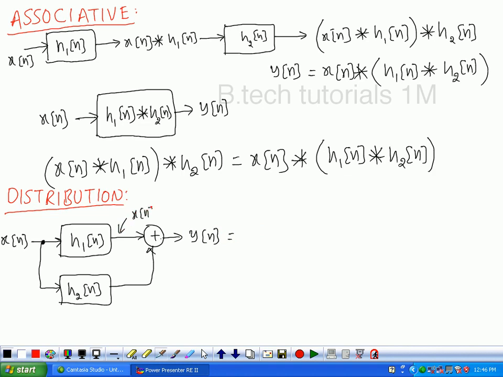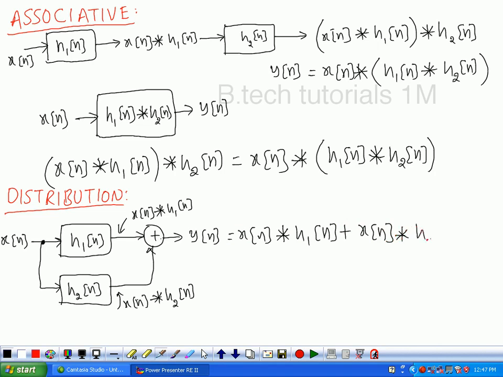It is x of n convolution with h1 of n. What is the output of the second system? It is x of n convolution with h2 of n. Therefore, it is x of n convolution with h1 of n plus x of n convolution with h2 of n.